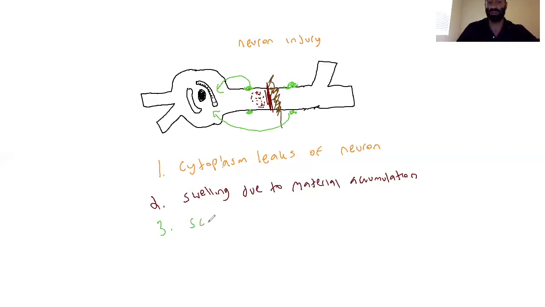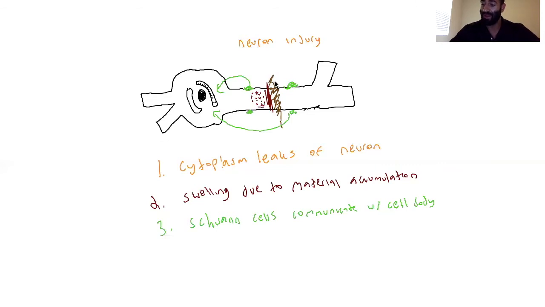So Schwann cells, or if you're in the central nervous system, oligodendrocytes, communicate with the cell body. Recall that a cell is not an individual. A cell is like a planet or a country or a city. So one part of the cell needs to communicate with other parts of the cell.